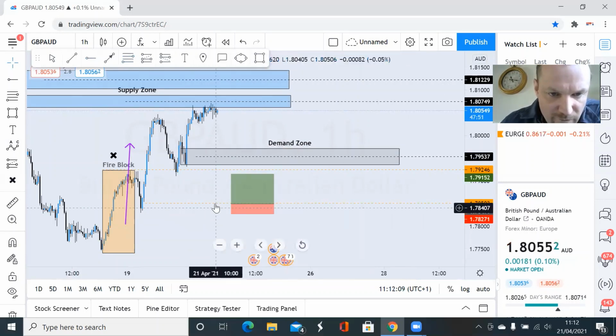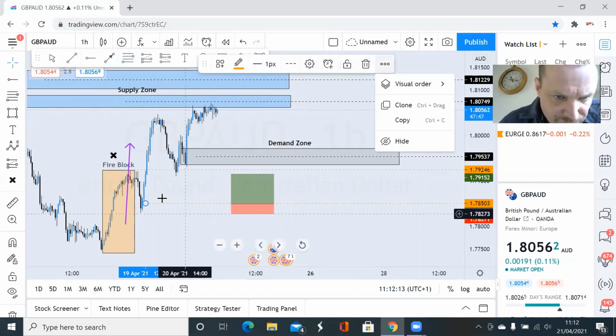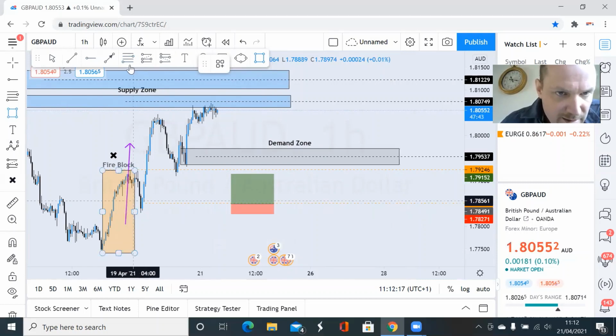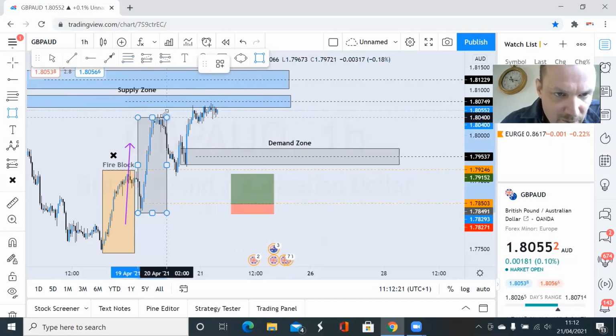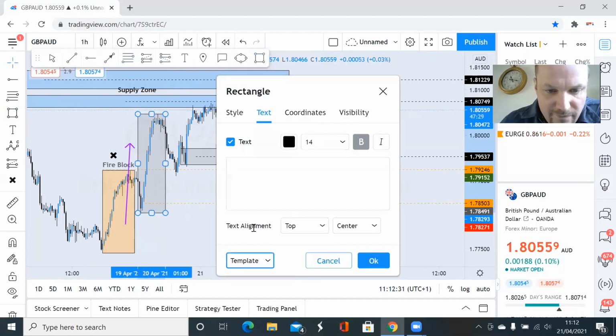So after a bit more of a deeper analysis, we'll just ignore that zone, because now what we've got is from here up to here. Okay, now let's just see where this goes. Again, this is a fire block.